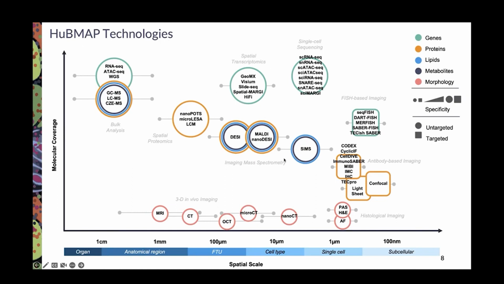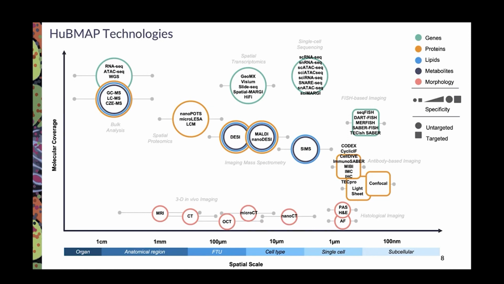As you'll see from our group and others within the consortium, there's a handful of us that are also working on high spatial resolution imaging mass spectrometry to target things like metabolites, lipids, and proteins. Of course, the FISH-based assays, as well as the antibody-based imaging technologies, most of which are highly multiplexed or three-dimensional in nature, light sheet and three-dimensional confocal, for instance.